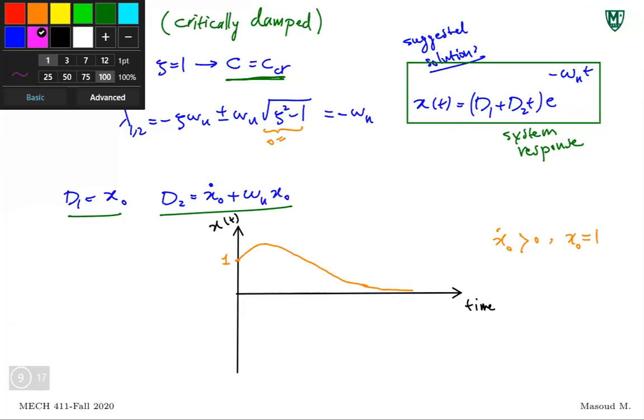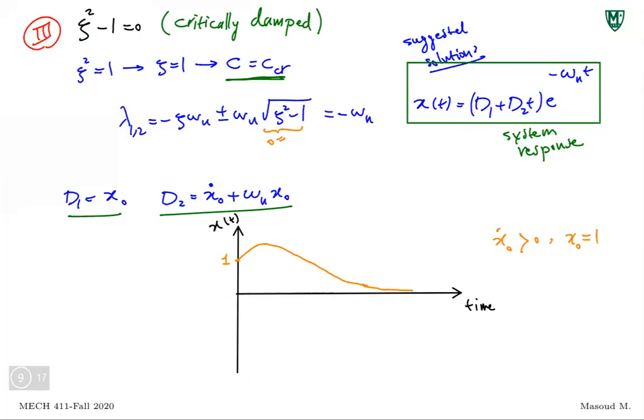So for the second case, I said, well, what if X naught dot is equal to 0 and X naught is equal to 1. So start from the same place. This time velocity is 0, which means the slope of the line at the beginning should be 0.